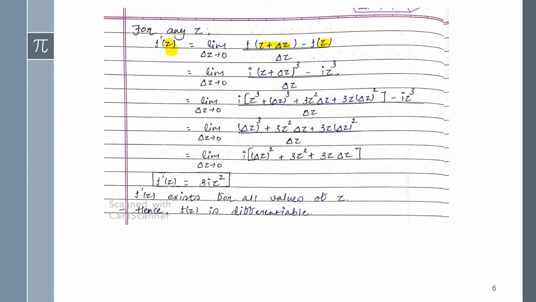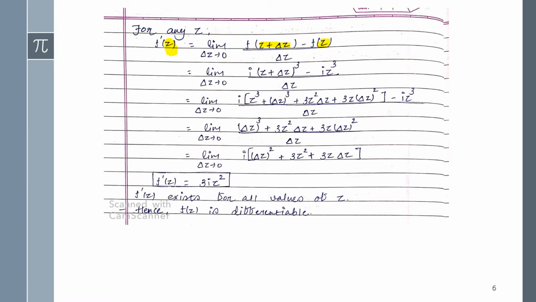Now you have to open the bracket, that is a plus b whole cube. You might already be aware of the expansion of a plus b whole cube. Again I am repeating, guys: a cube plus b cube plus 3a square b plus 3ab square.